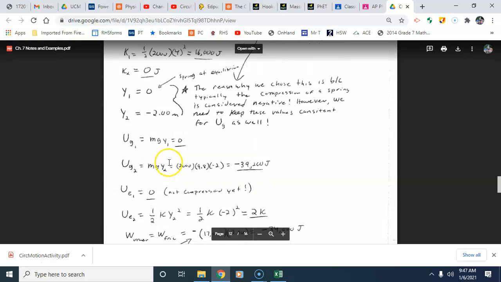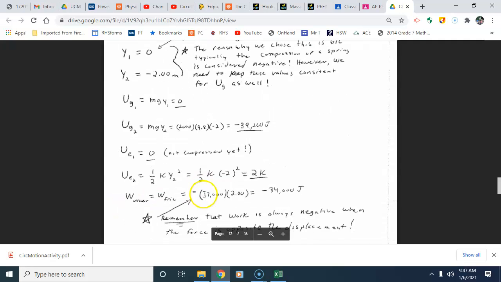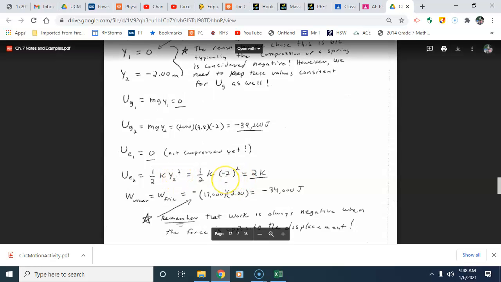Since position 1 was the reference level, the spring is not compressed yet from there, so elastic 1 is 0 as well, right? And elastic 2, we've hit the spring, it's pushed down to -2. Because the y position is squared in this formula, the negative goes away.